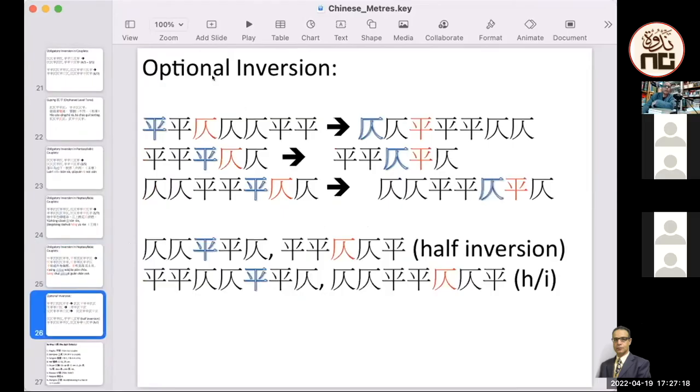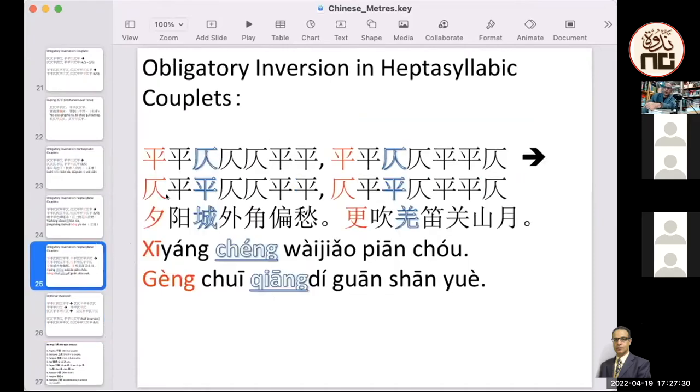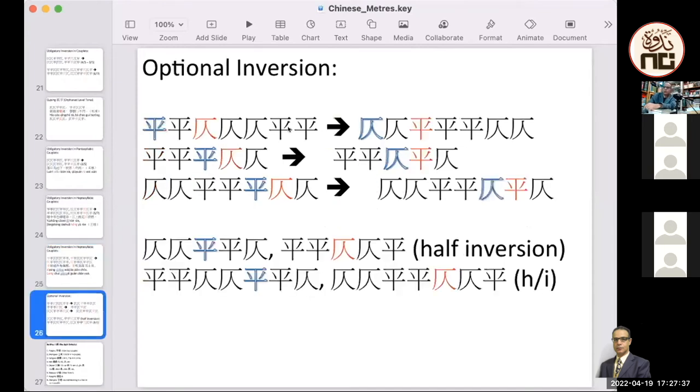So there are some inversions that are optional for the poet, like this first one, the ping could be changed into tsu. This is optional. Like here, this is the first ping. It could be changed into tsu or remain as it is as ping. This is optional to the poets.